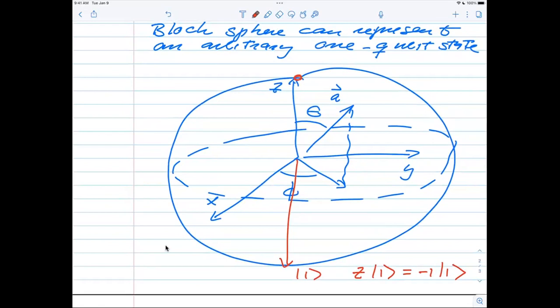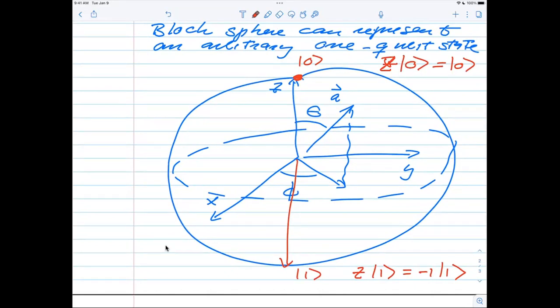So you could think of the south pole being represented by the computational basis state 1. And then you would have the computational basis state 0 up here, because we know that the Pauli z matrix acting on 0 gives us back 0. So we say that the computational basis is an eigenbasis, sorry, of the Pauli z matrix.